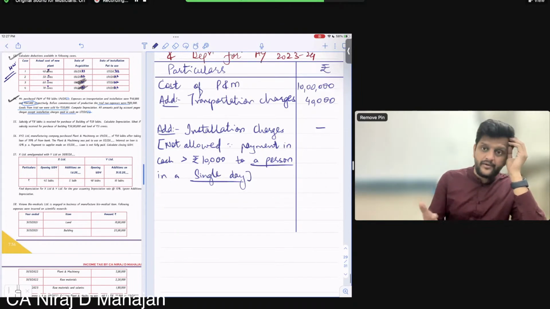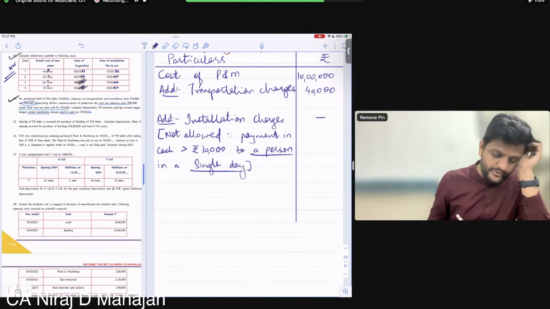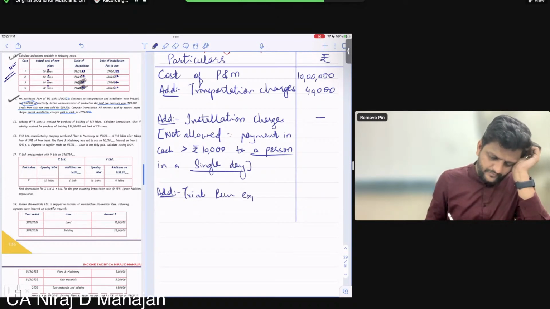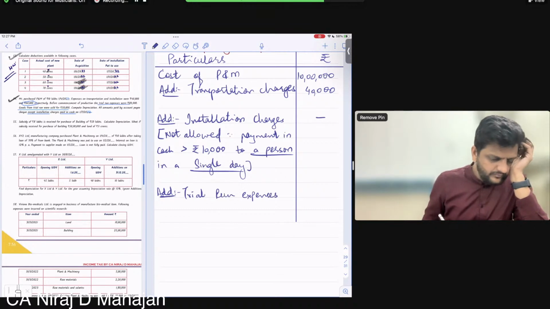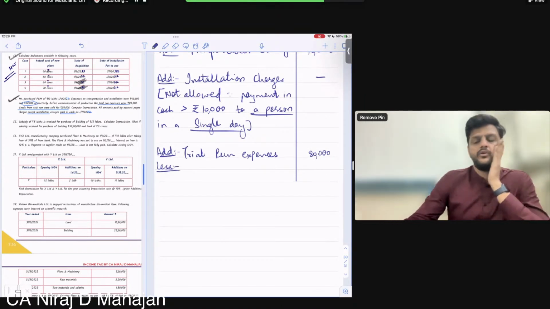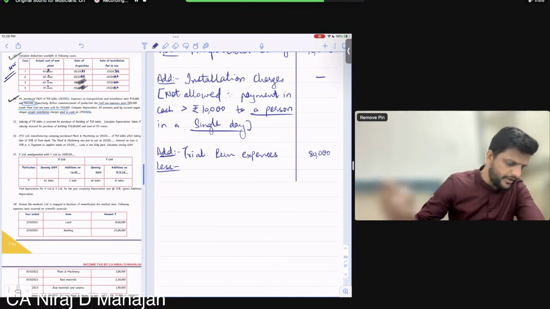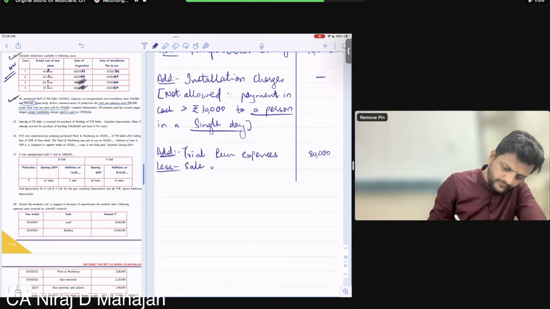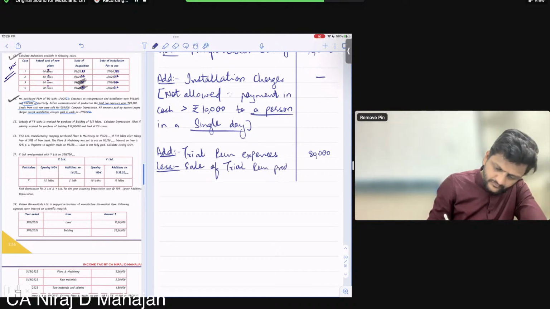Then there are again trial run expenses. So yes, we will add that also in the cost of asset. Okay, add trial run expenses. 80,000. But if there is income also from that stage, we will reduce that. Okay, so sale from trial run production. How much? 50,000 income.